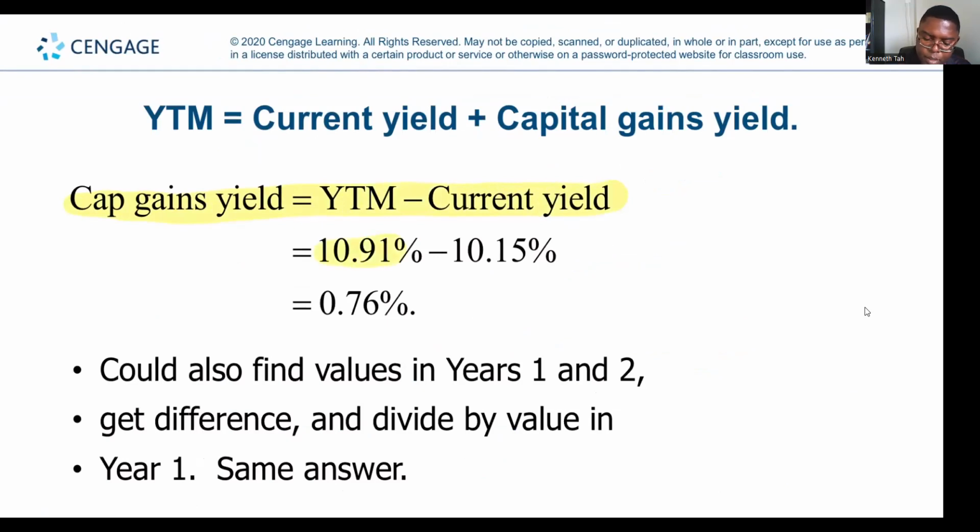The yield to maturity is given as 10.91. We have computed the current yield, which is 10.15. This implies that the capital gain yield is going to be 0.76%.